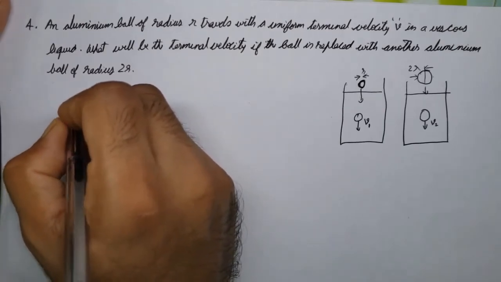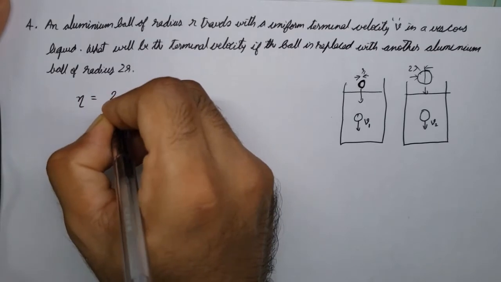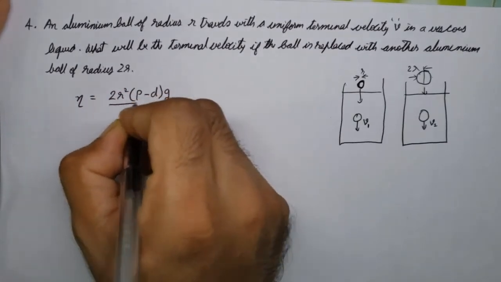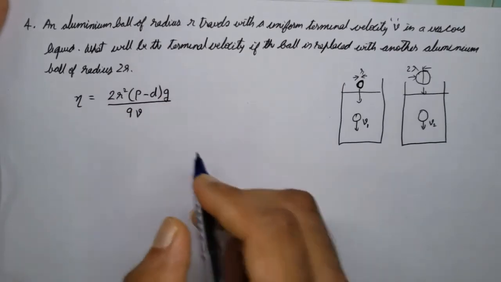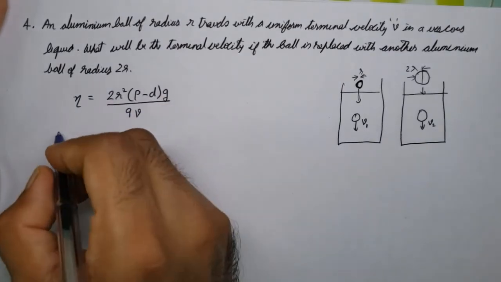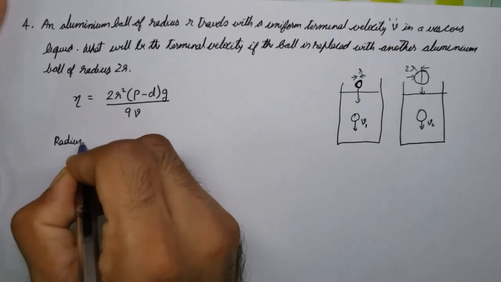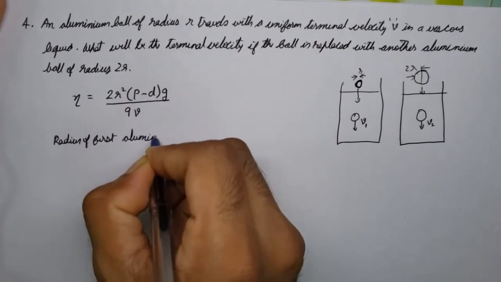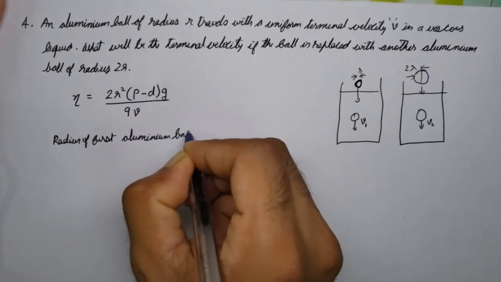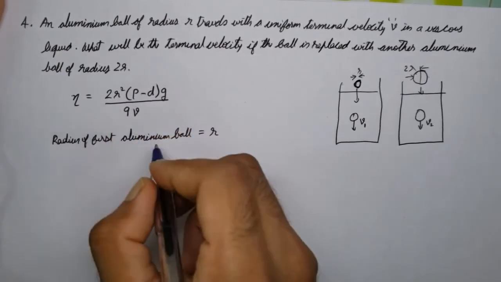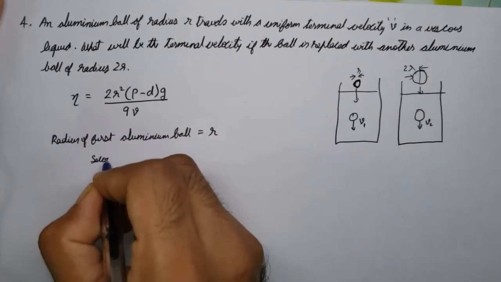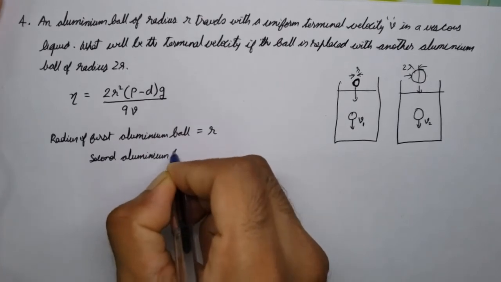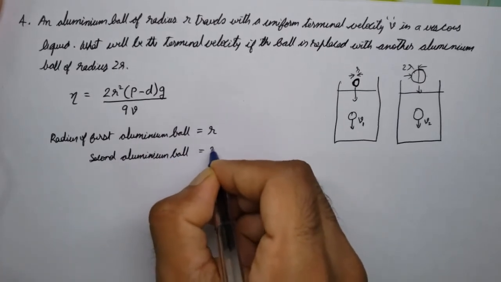So it is given as viscosity eta is equal to 2r square (rho minus sigma) into g divided by 9v, where r is the radius of the first aluminum ball, equal to r, and the second aluminum ball's radius is 2 times r.